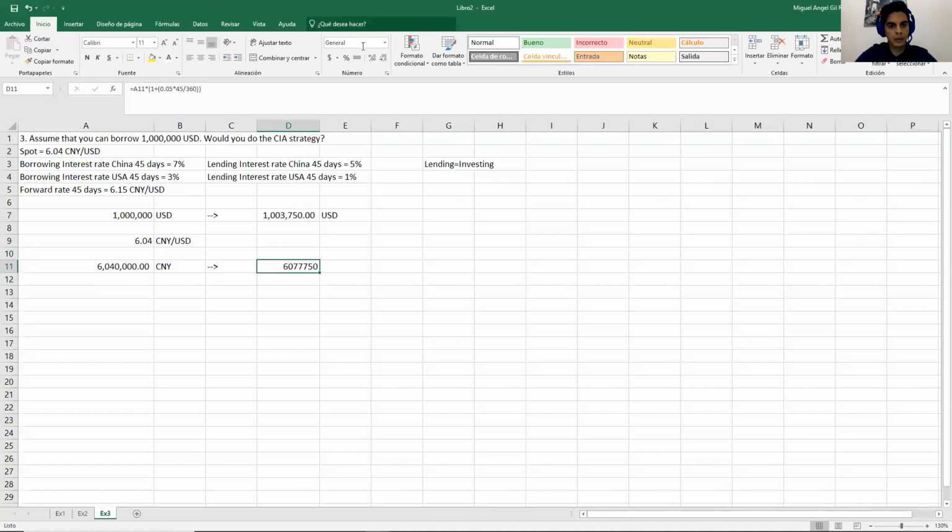So this is the amount of yuan that I will have in the future. 6 million and some, a little bit more. And then I need to go back to the US. So again, I use the forward rate. And now I will have to divide. I have yuan on top. And again, it's a loss.